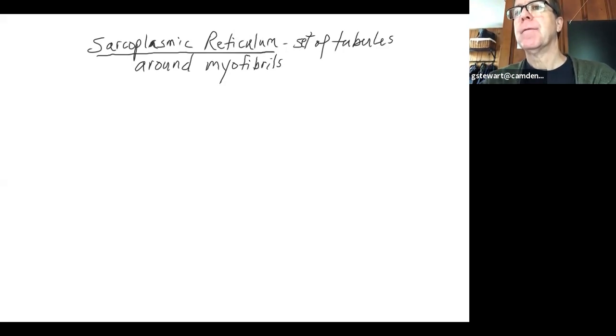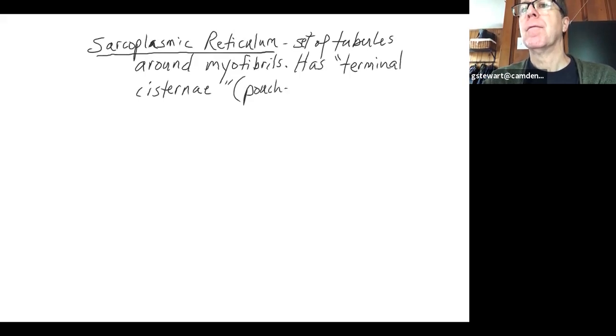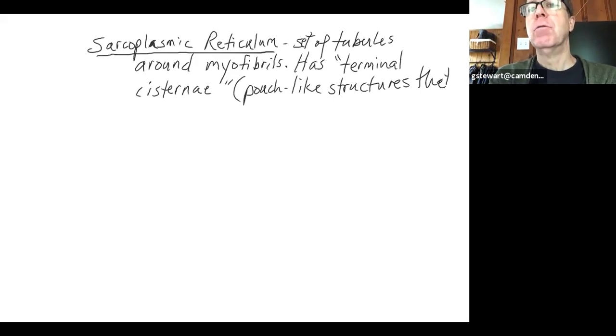It has these pouch-like structures called terminal cisternae. So I'll describe those. Pouch-like structures that store calcium ions.